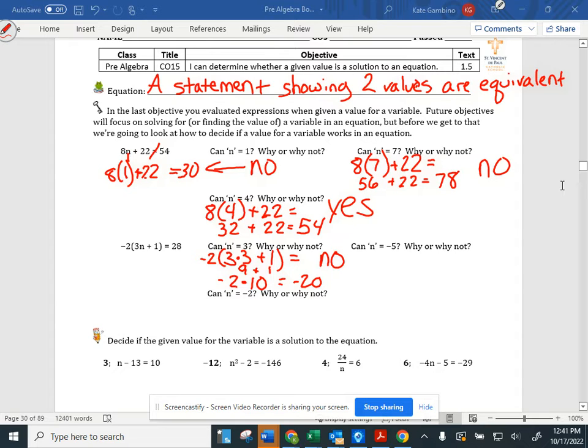Can n be -5? So I'm going to plug that in. Oh my goodness, all these negative numbers. We need to remember our rules. What is -2 times the quantity 3 times -5, plus 1?